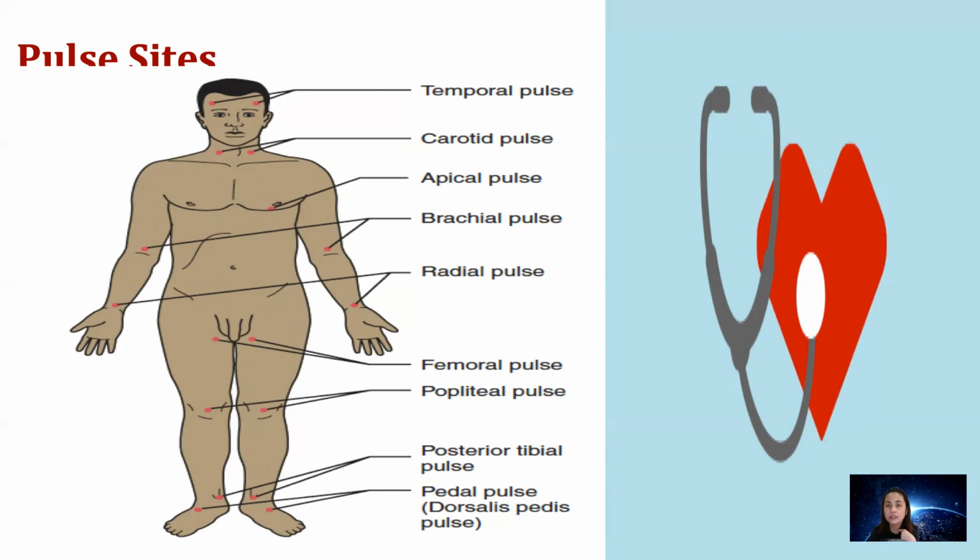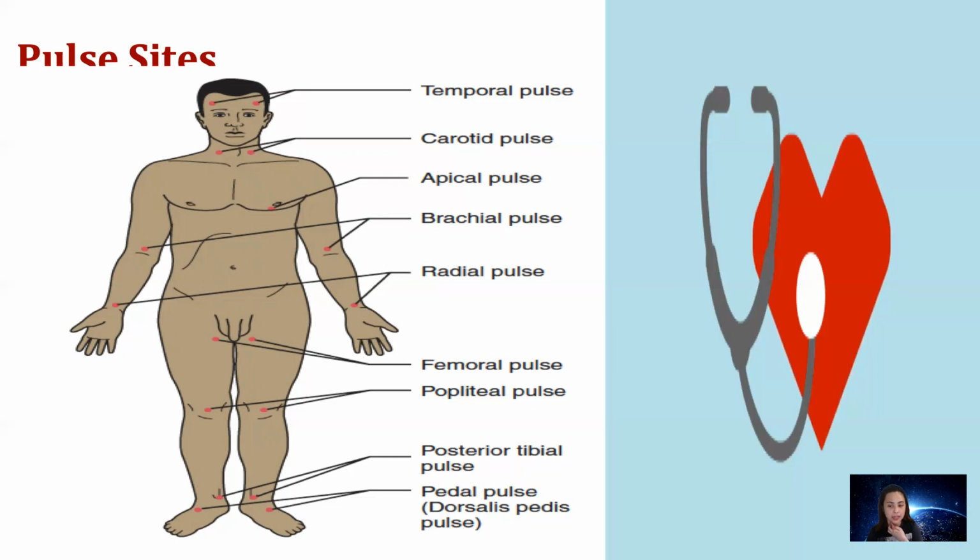How to check carotid pulse is, okay, you locate your trachea here and then slide on the right or on the left because you have two carotid pulses. So you slide on the left, for example, okay, meron kang mafe-feel dyan na malalim.